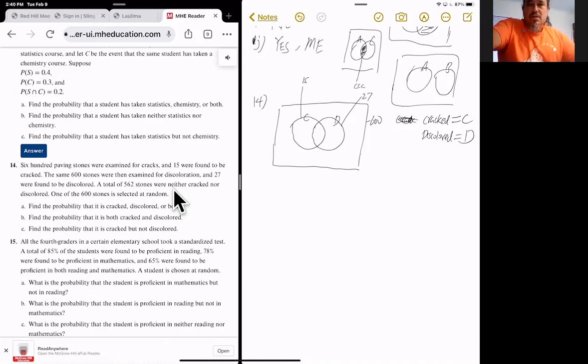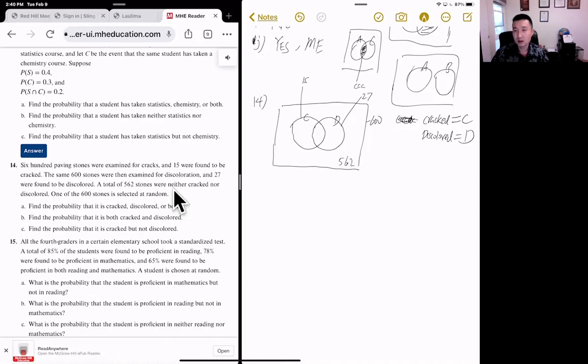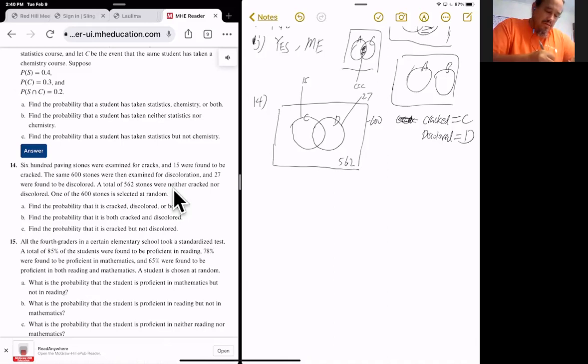No, the question tells us 562 are neither cracked nor discolored. So that 562 should be anywhere outside the circles of C and D. Neither nor, okay? C and D.